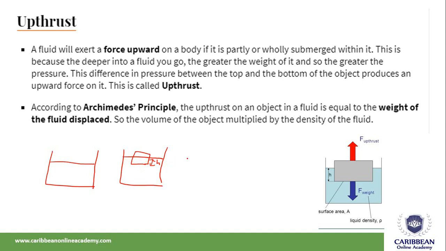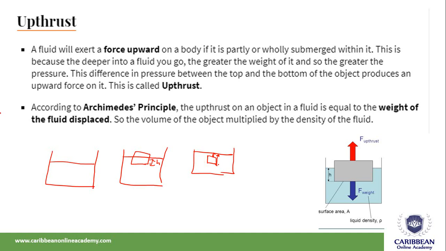If the object was completely submerged, and you will see it in another example, then we would find the difference in the pressure at the top surface and at the bottom of the object. So we'll have two height differences, and for that we can find what the pressure difference is.